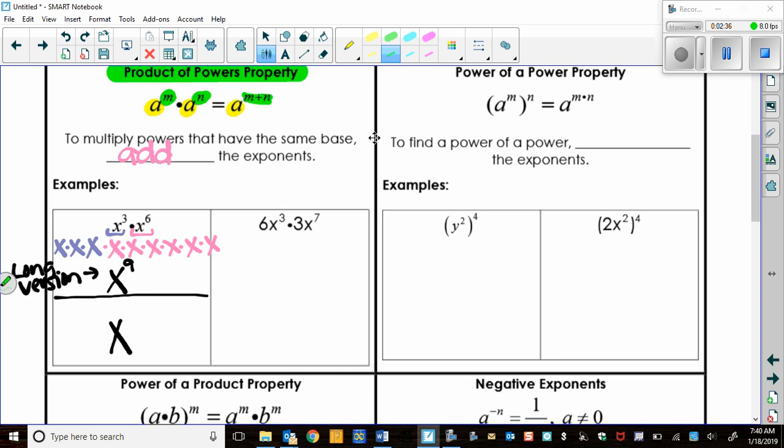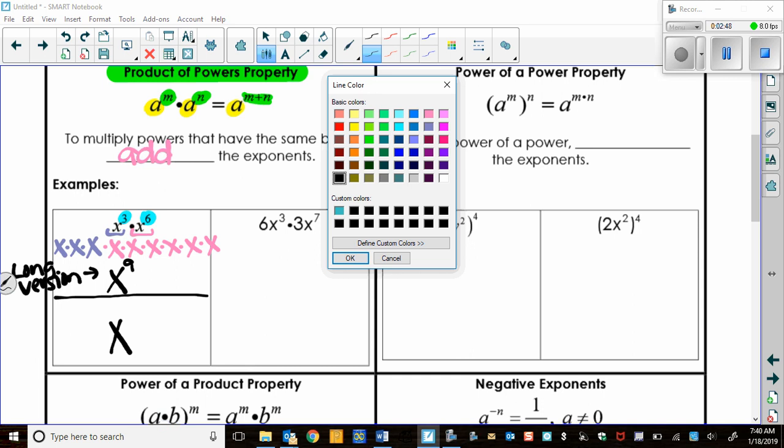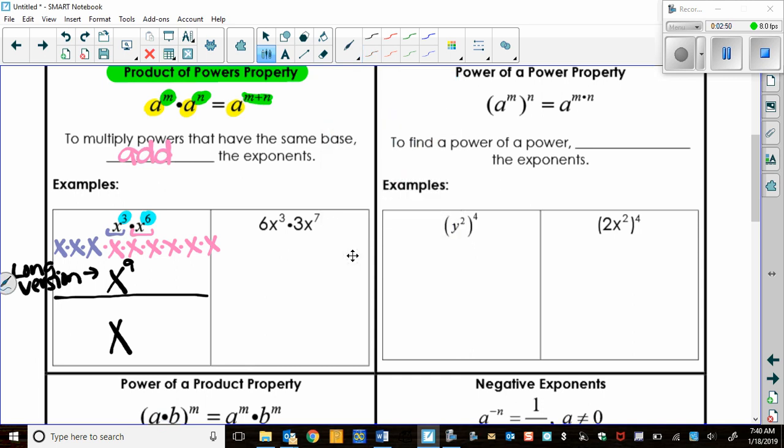And the rule has you adding the exponents. So I'm going to go ahead and do that. I'm going to use a blue color so you guys can see. I'm going to take 3 plus 6. And all you have to do is simplify. So x to the 9th power.